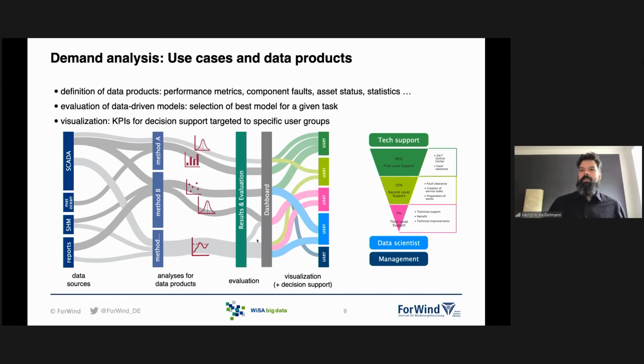And then we come to this layer of a dashboard with the visualization. And in this dashboard, the users, depending on if you're part of the tech support in the first, second, or third level, or on data science or management level, can adapt the visualization upon your requirements for your decision making.